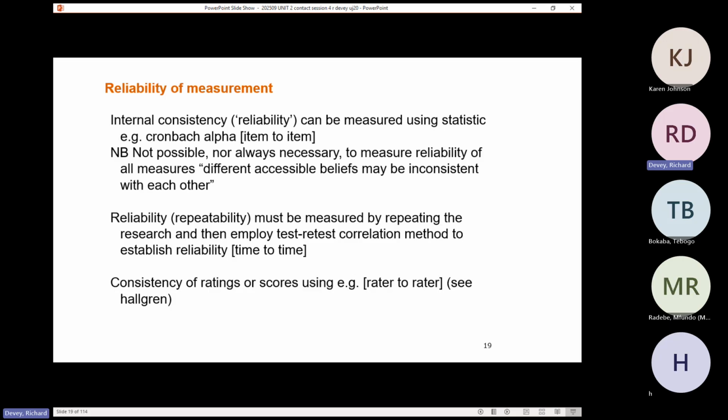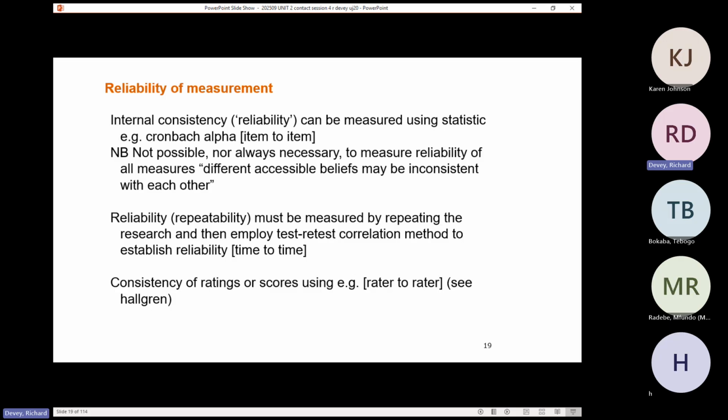We can also get repeatability. So reliability is also known as repeatability. And this would be measured by repeating the research and then testing to see whether we get the same result as the first time the construct was measured. So this is the time-to-time measure of reliability. So you might measure self-esteem before an intervention, and then you measure self-esteem after the intervention, and you see whether those two measures of self-esteem correlate with one another.